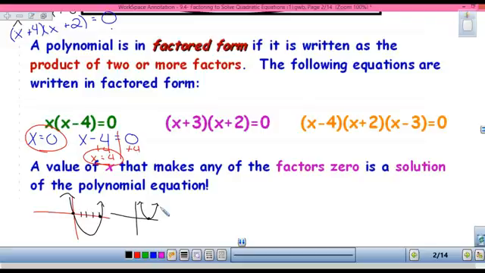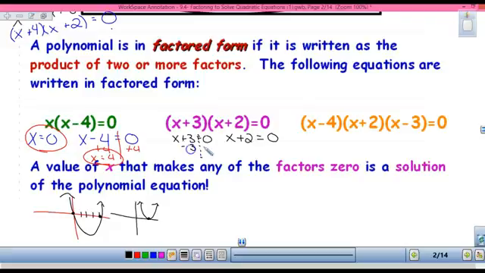All right, so this one, how do I set this one up? I have to write it as my first factor, x plus 3 equals 0, and x plus 2 equals 0. Now we have to solve this.